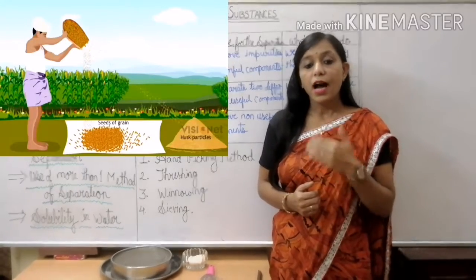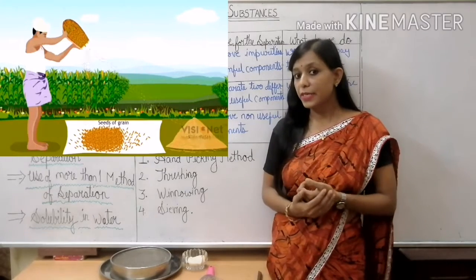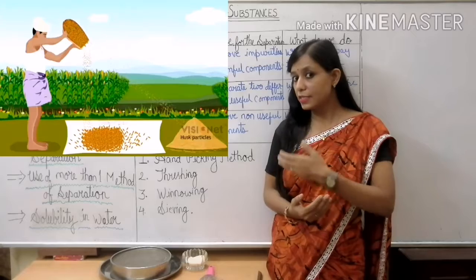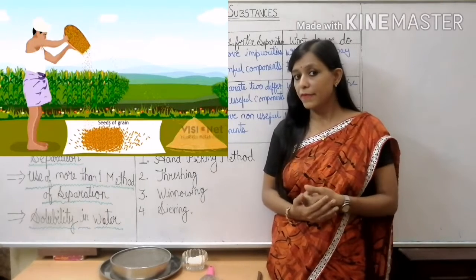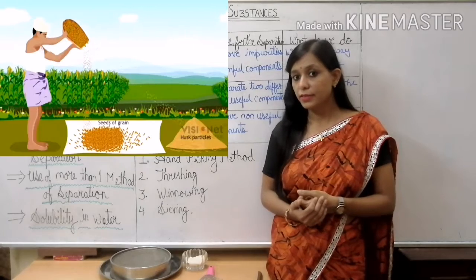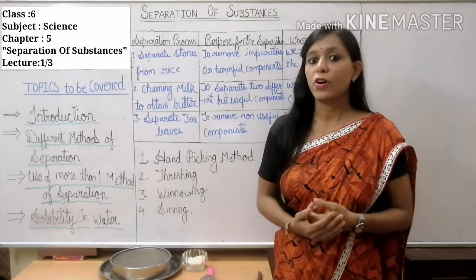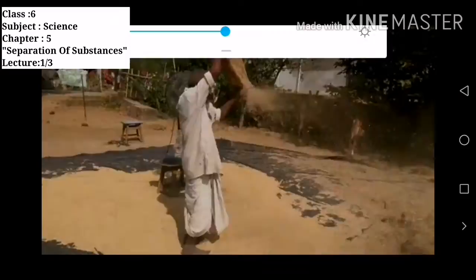After threshing, here is the farmer. He is separating lighter husk particles from heavier seeds of grains by blowing air. Look, this method is commonly used by farmers.